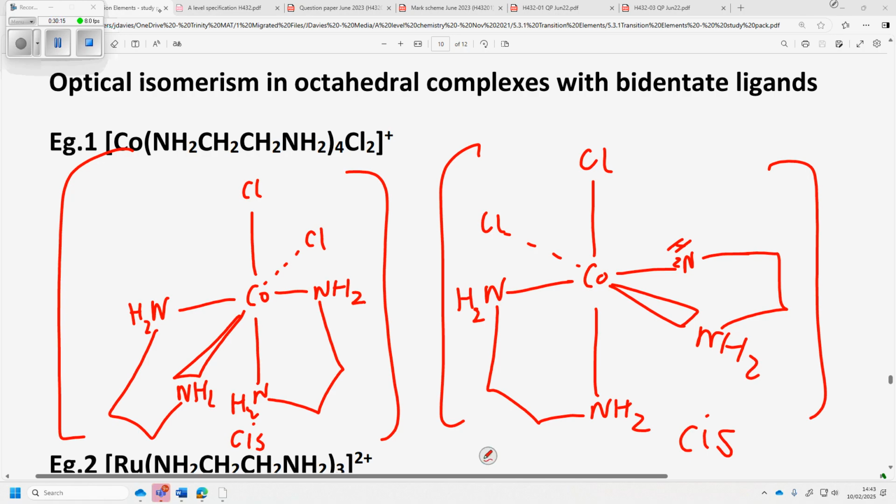that are non-superimposable. So just like in organic chemistry, I can create optical isomers, mirror images that are non-superimposable, or if you like enantiomers. They are optical isomers, non-superimposable mirror images.